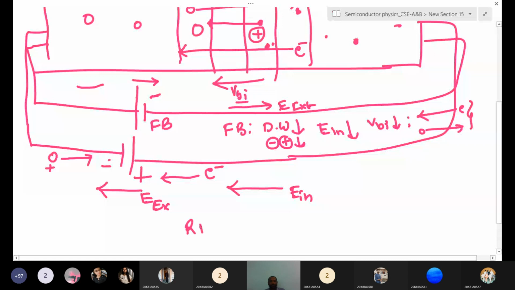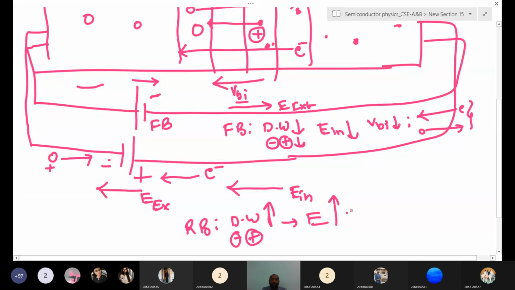In reverse bias, the depletion width mainly increases due to the increase in positive and negative charges. Because of this, the electric field in the depletion region increases, and the built-in potential also increases because of this increase in electric field.